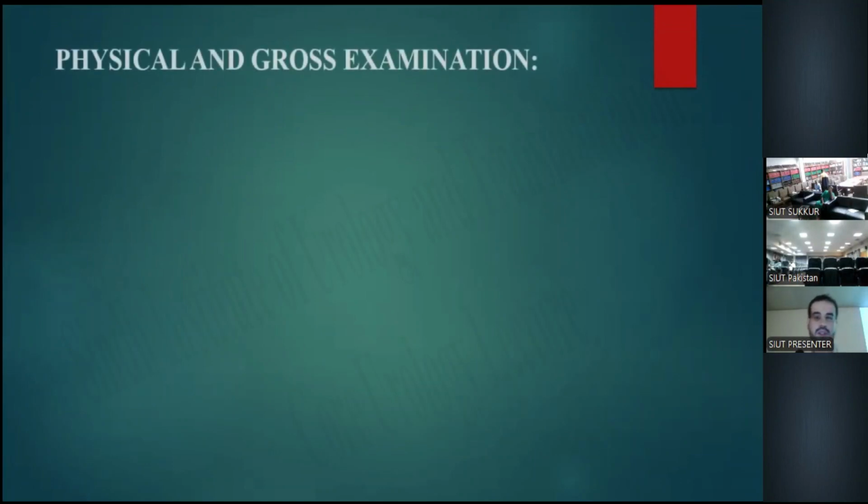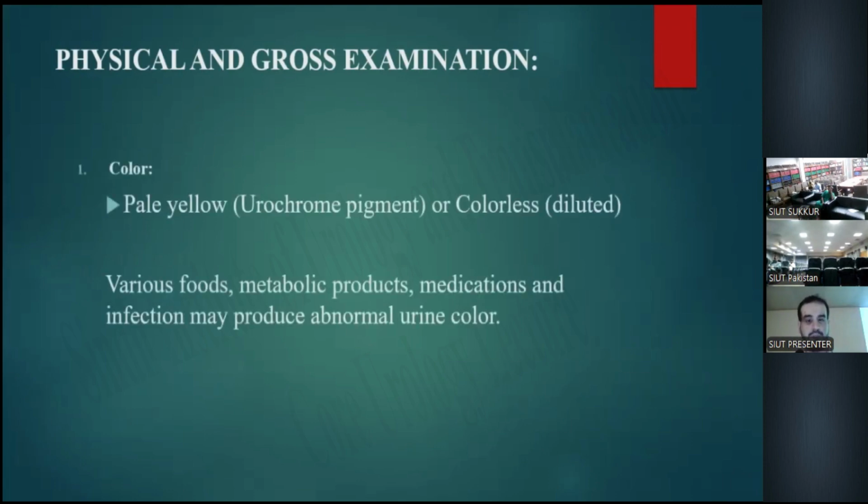What you see in urine by gross examination: you look for the color. Normally the color should be pale yellow, or colorless if the patient is overhydrated or the urine is dilute. Various foods, metabolic products, medications, and infection may produce abnormal urine color.